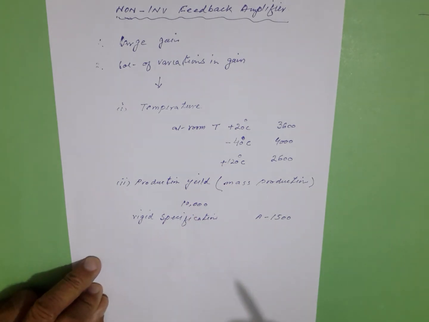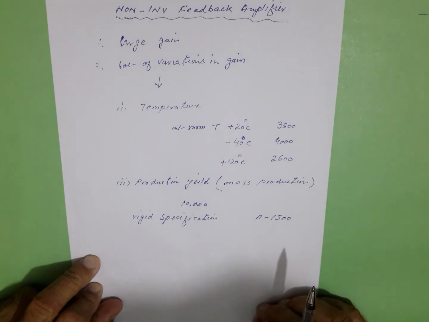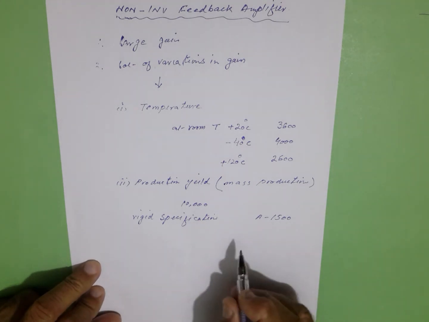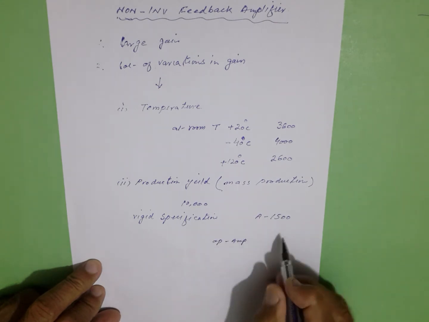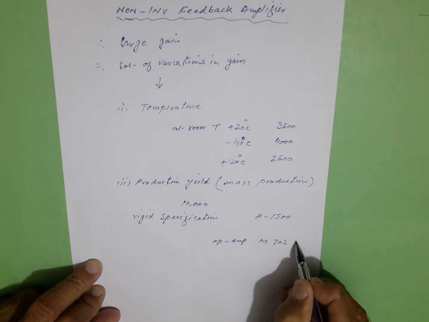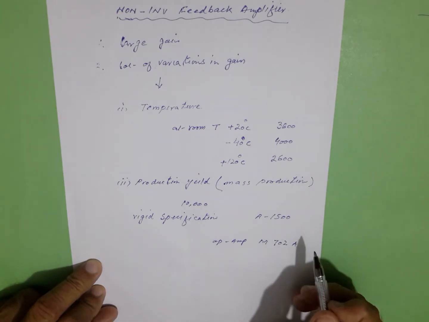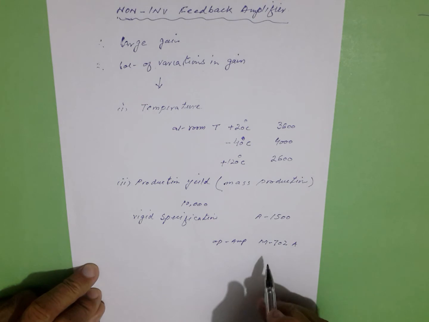Now the gain varies from operational amplifier to operational amplifier, and the setback is that if we are using an op amp type M702A, and it goes defective in a circuit, or it goes unserviceable, then we are not going to use the same type.